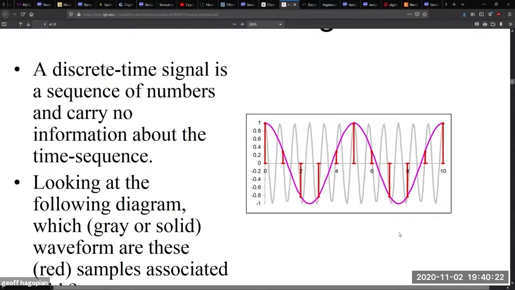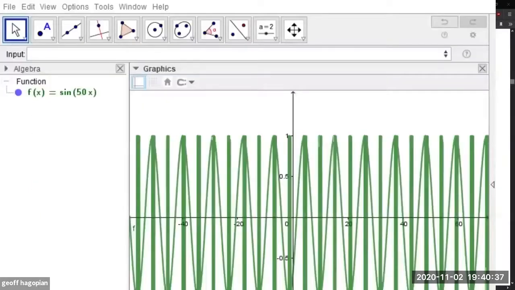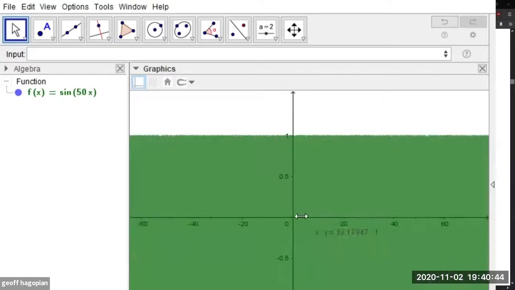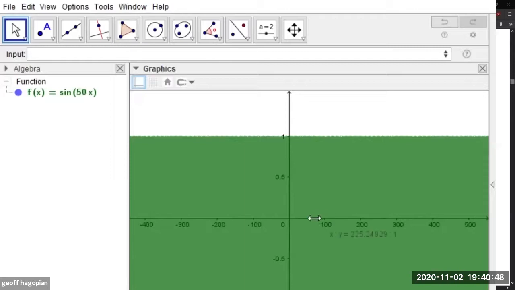Yeah, so that's exactly what's happening in our GeoGebra curve, right? We've got a high frequency oscillator that we're sampling at a rate which is less than the frequency of oscillation. And so as I come in here, sometimes it just looks like a solid green, right?